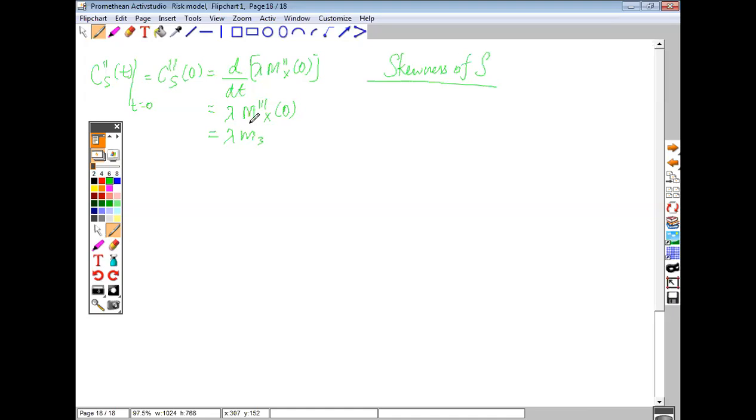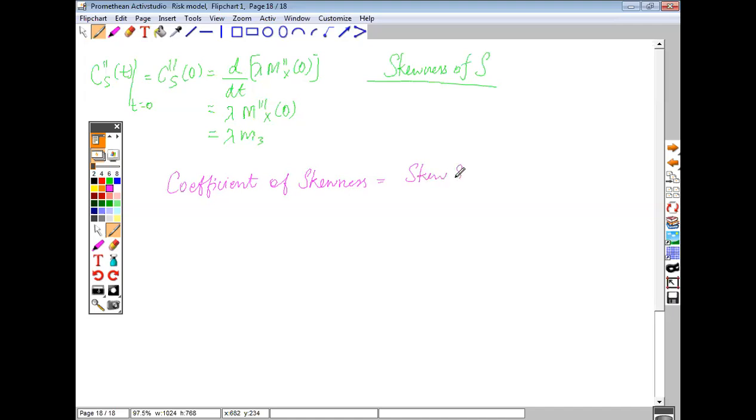Anyone? Do you guys remember coefficient of skewness? We look at the sign. Yeah, so we look at the sign of the coefficient of skewness, exactly right.